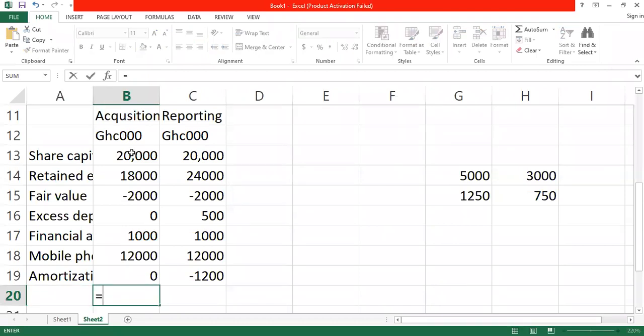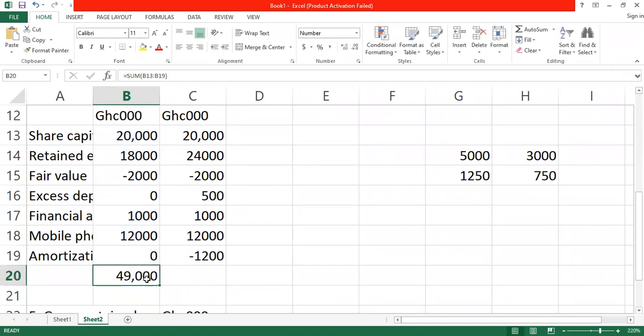Let me total the net assets. So what is the net asset at acquisition?